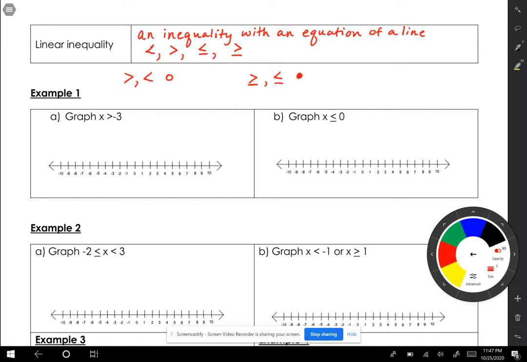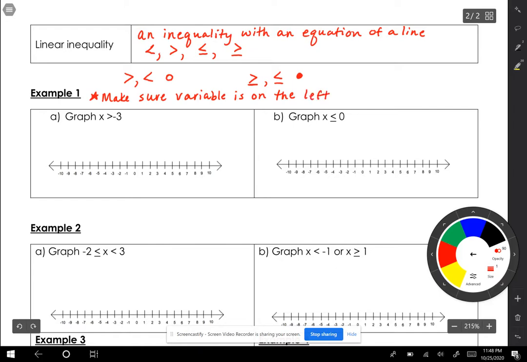Your goal is to make sure the variable is on the left. If you do, then you can follow the arrow in graphing. I'll show you. This is a good goal to have. So if you look at example 1a, notice x is on the left side.